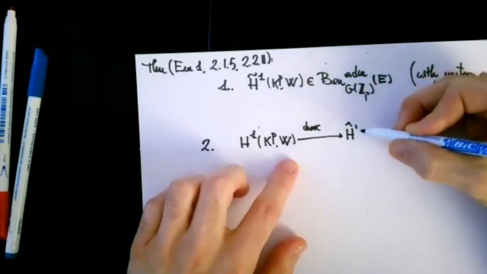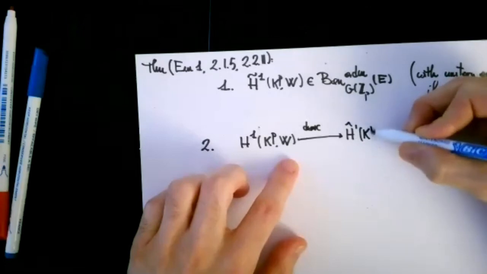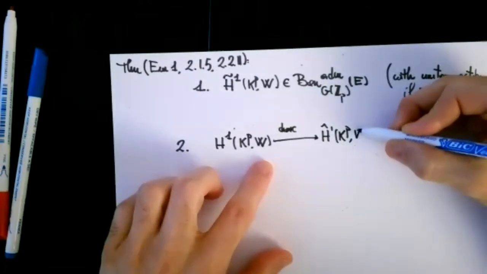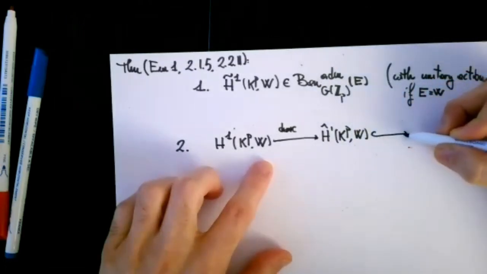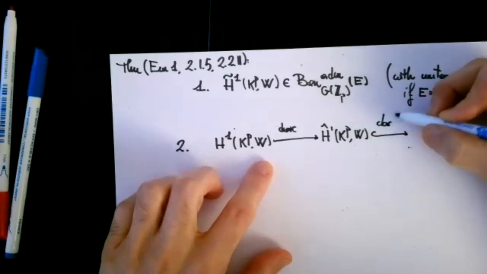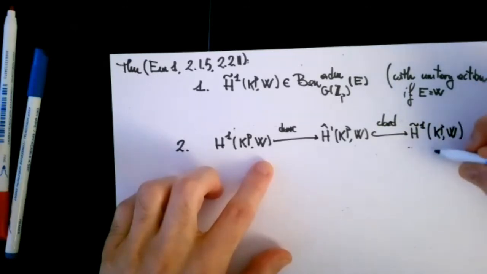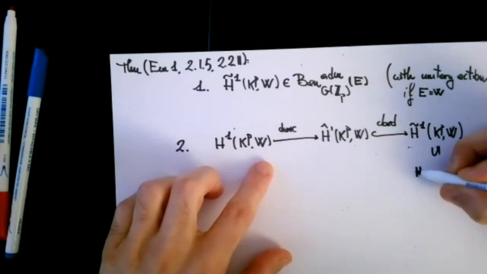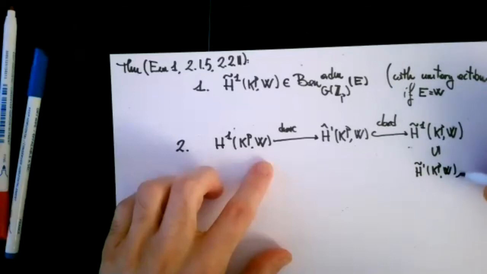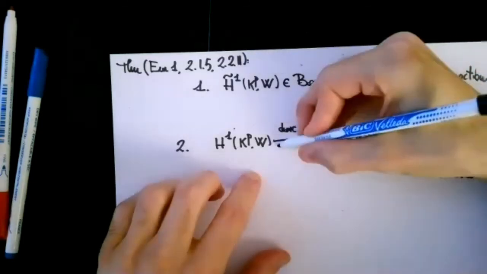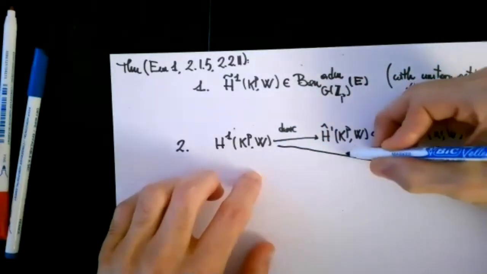Here we have H^1 hat K upper p W. Here we have the closed embedding, H tilde 1 K upper p W. Here we have the smooth vectors. And so we have a factorization here with an isomorphism.